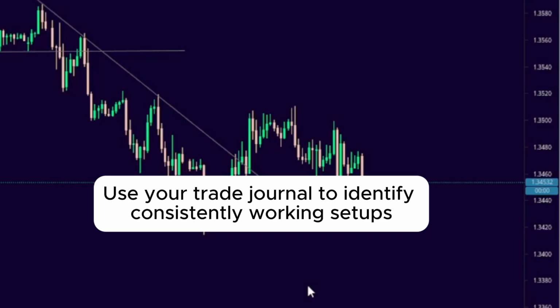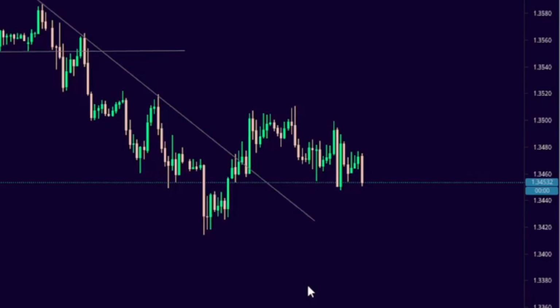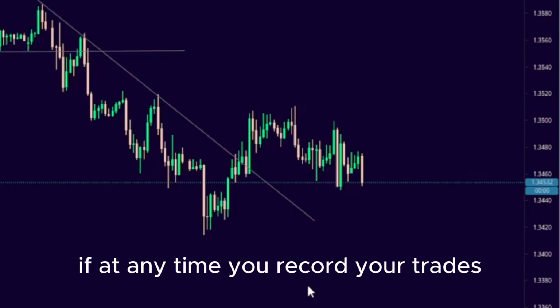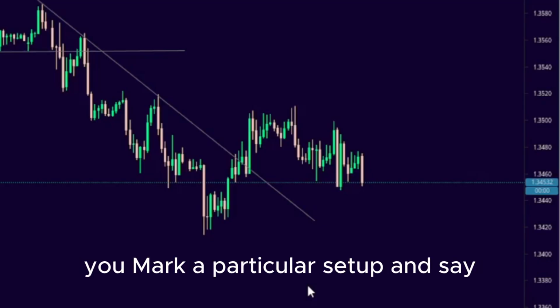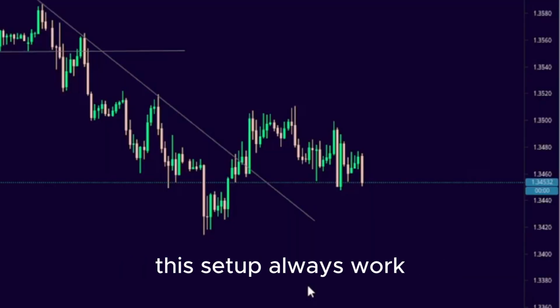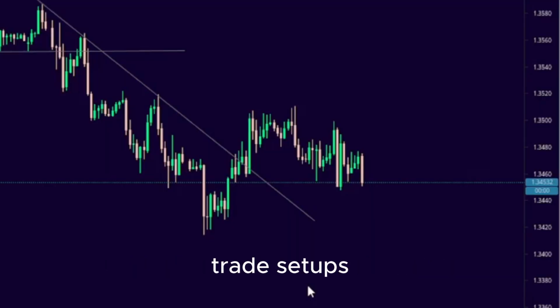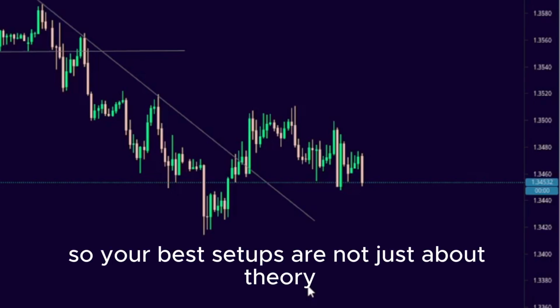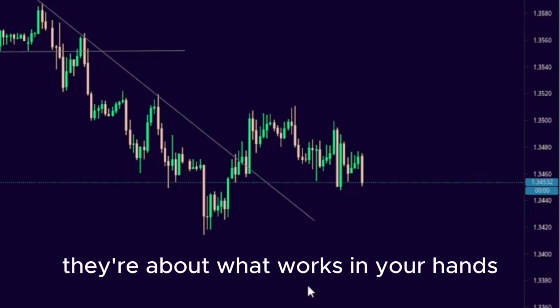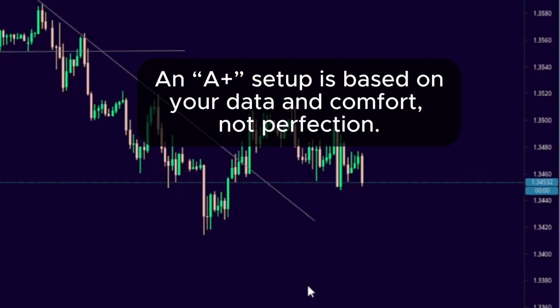So anytime you track and analyze your own trades, it helps you identify a setup that is consistently working for you. If you record your trades, mark a particular setup and say this setup always works, you'll be able to identify a high probability trade setup. So your best setups are not just about theory, they're about what works in your hands with your own psychology.